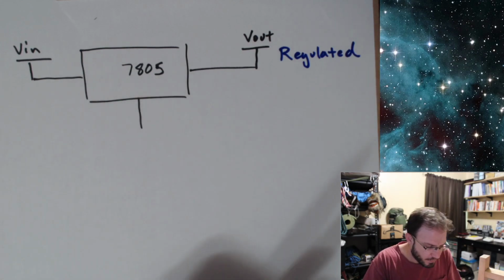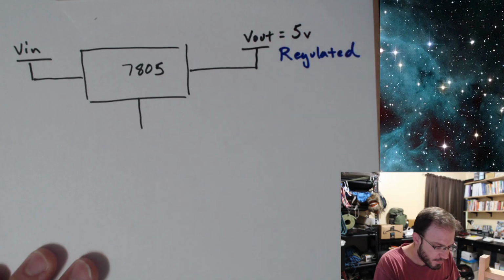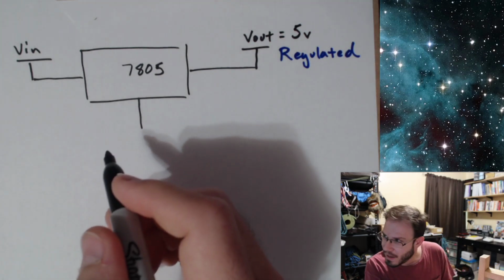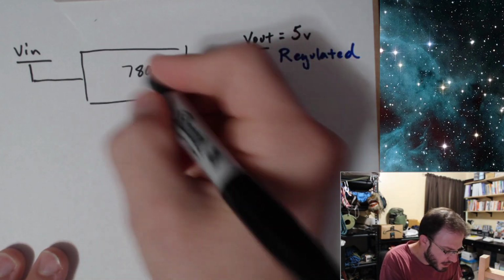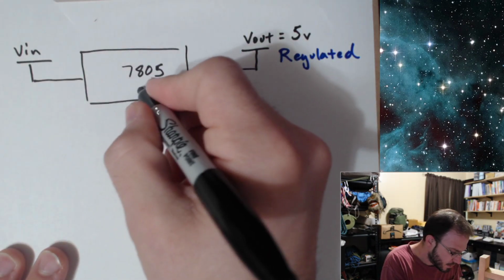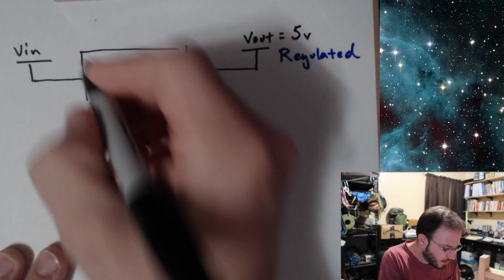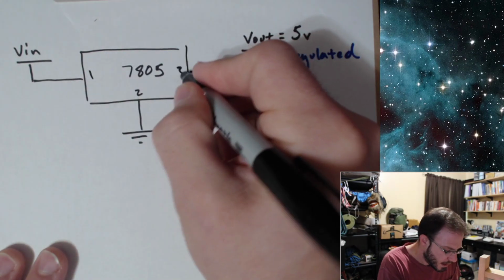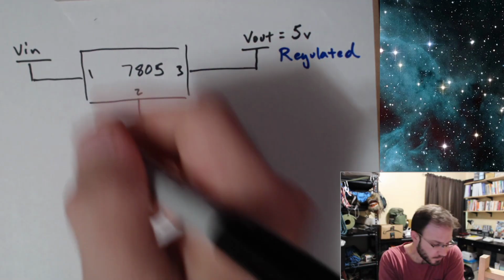Because it's a 7805, we're going to get a constant 5 volts out, as long as we pay attention to a couple of things that we have to do in this circuit. The number 2 pin will go to ground. 1 will be our voltage input.